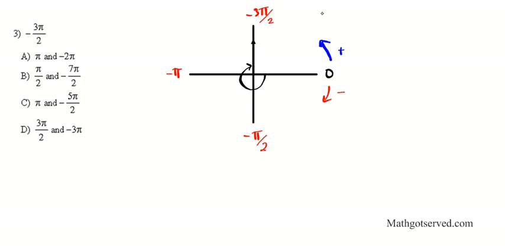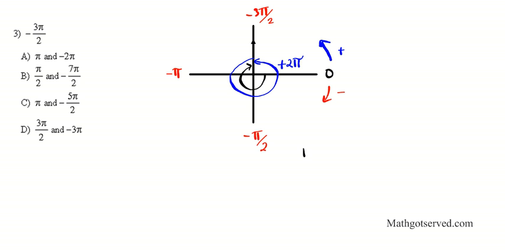Alright, so let's find the positive coterminal angle. To do that, we'll start from here, and then we're going to go in a counterclockwise direction, full circle, to here. We know that is equivalent to adding 360, but 360 is the same thing as 2 pi. So what we're going to do here is we're going to add 2 pi. Okay? Alright, let's go ahead and do that.